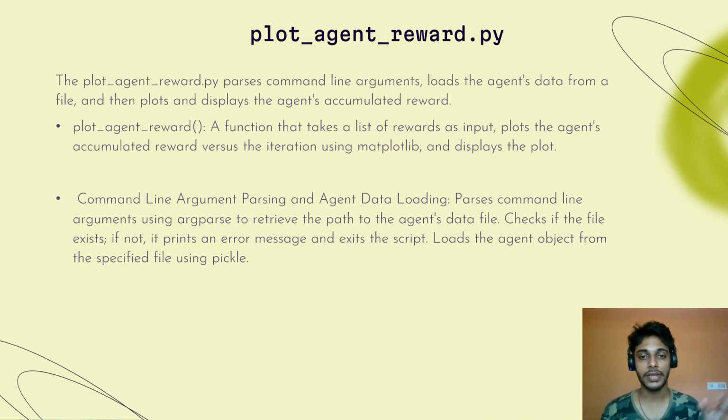The parser then parses the command line arguments and stores them in the args variable. Then there is loading agent data, and it checks if the specified path exists or not. It also prints an error if the file is missing.